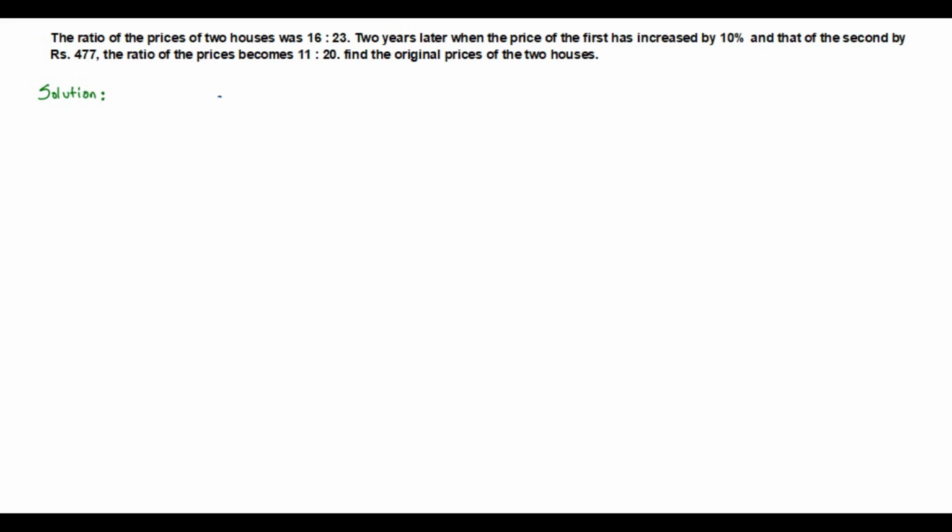We have to multiply both the first term and second term by the same number x to assume the original price of the first house and original price of the second house. So the original price of the first house is 16x and the original price of the second house is 23x.